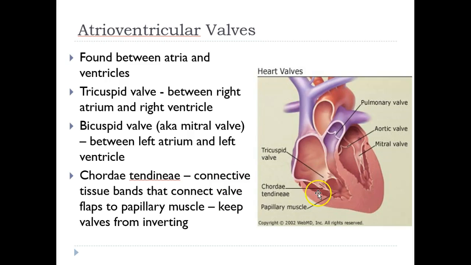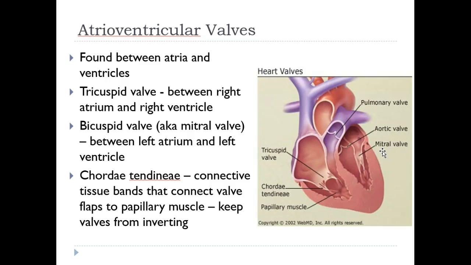And how I remember these is tricuspid and bicuspid: tri before you buy. If you think about it with pants, you try pants on before you buy them. First there will be deoxygenated blood coming through, and then oxygenated blood, and then it leaves the heart. The bicuspid valve is also called the mitral valve, but I like to call it bicuspid.